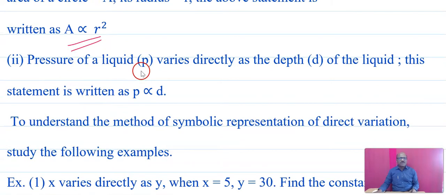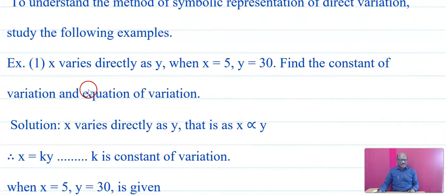Pressure of a liquid P varies directly as the depth of the liquid. This statement is written as P is directly proportional to D. If we go deeper and deeper, then the pressure increases.